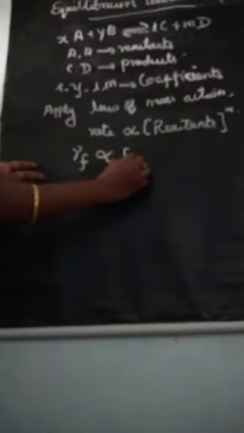Can you tell the formula? Rate of forward reaction, symbol RF, is directly proportional to the active mass of reactants power coefficient. So here reactants A and B: active mass of A power x into active mass of B power y.